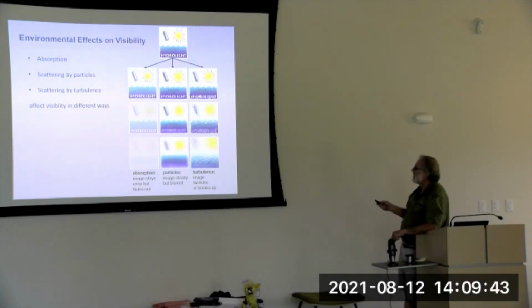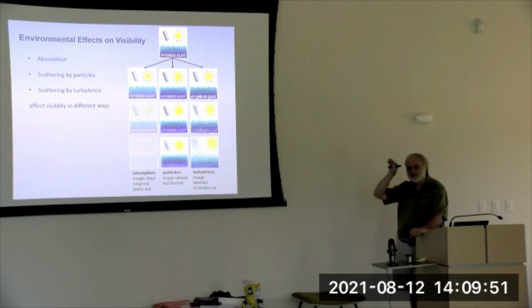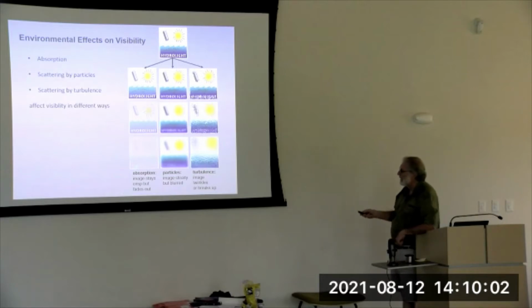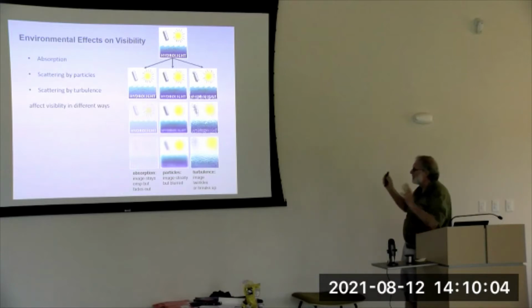But what happens there is the image tends to break up and it may stay bright, but it kind of twinkles. So when you look at stars at night, they're kind of twinkling. That's because of atmospheric turbulence. So those three effects, absorption, scattering by particles, and scattering by turbulence, do different things to images. Just tuck that away and now you know.